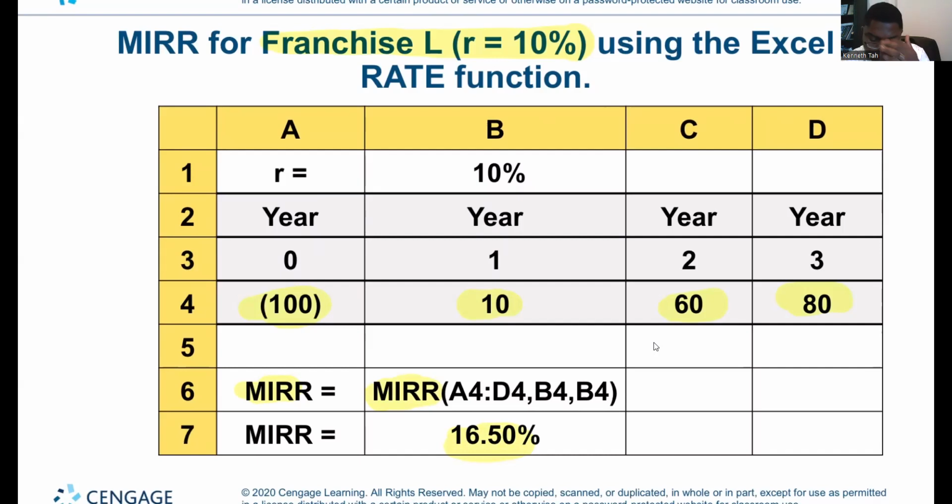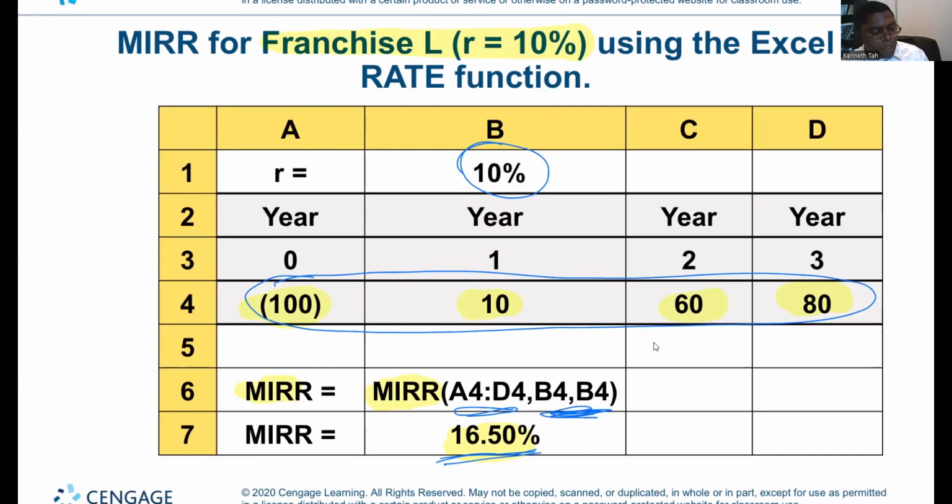It's going to ask us for the cash flows, which we drag, then the rate, which we take from here. Then we press enter, and that is going to give us 16.50%.